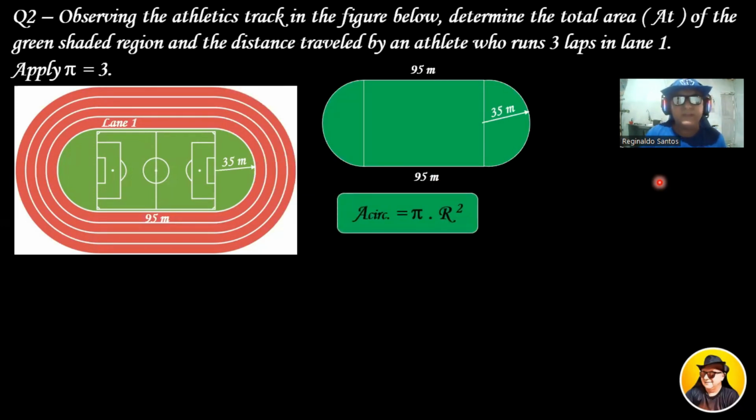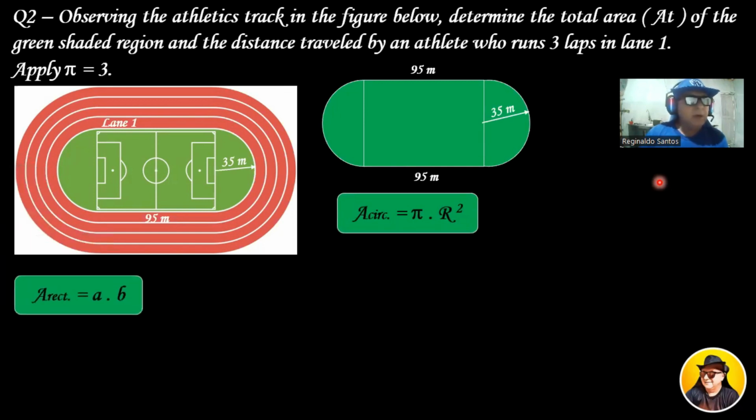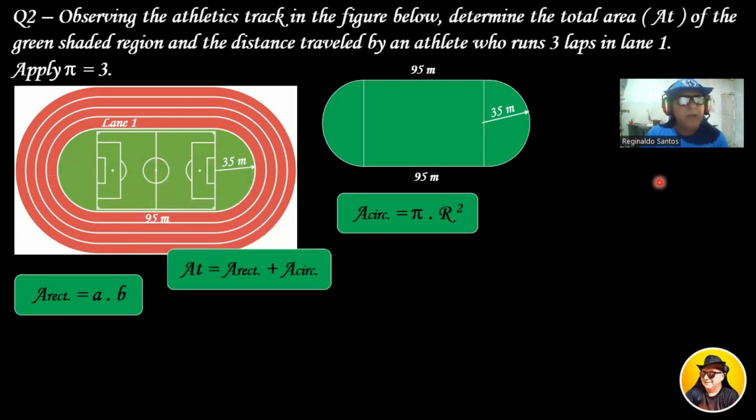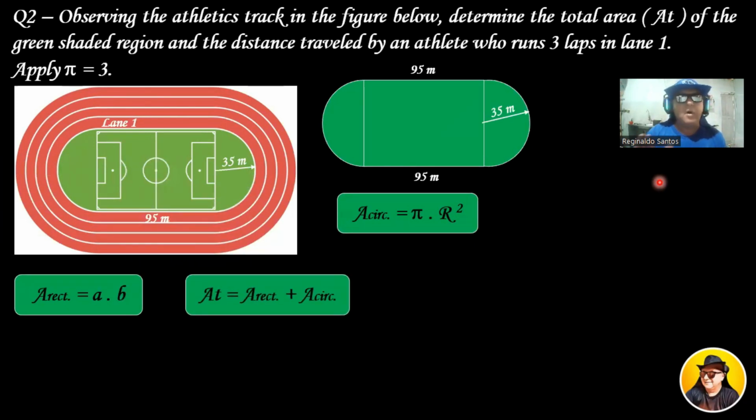So the area of the circle is pi times r squared. And the area of the rectangle is A times B. The total area is going to be the sum of both areas. The area of the rectangle is going to be 95 times 70, which is 6,650 meters squared.